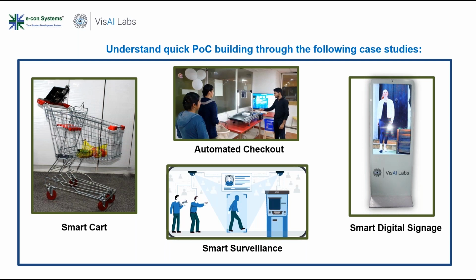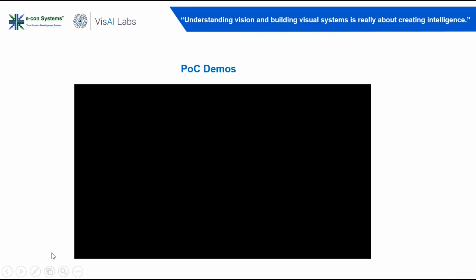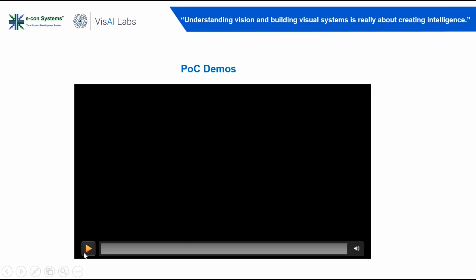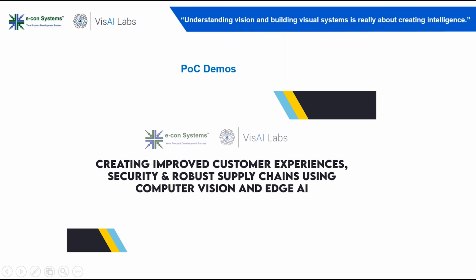So in the case studies, we have done a smart cart, an automated checkout, both that works in a retail store, a smart surveillance solution, which has been used in office spaces, and then a smart digital signage, which actually captures how people are interacting with it. So this is a short video that shows some of the proof of concept demos.